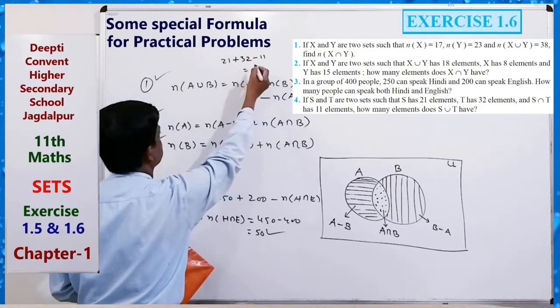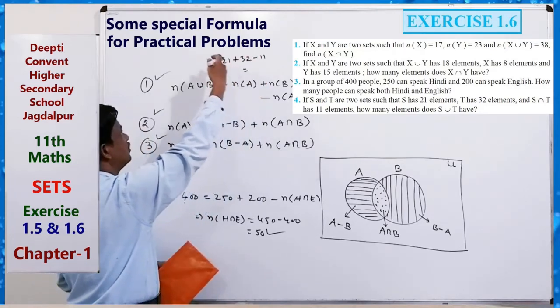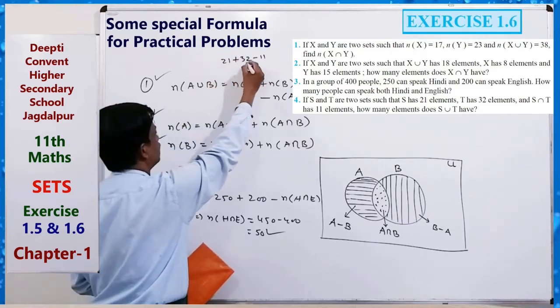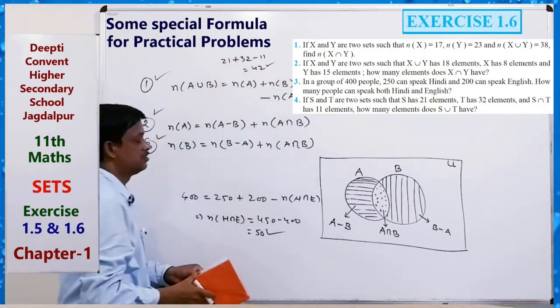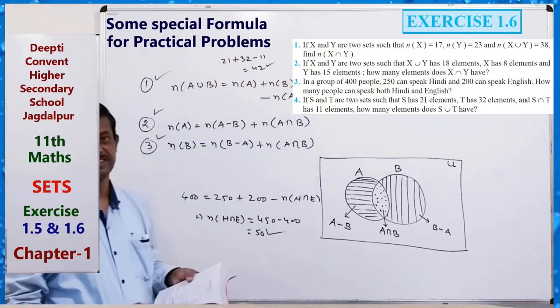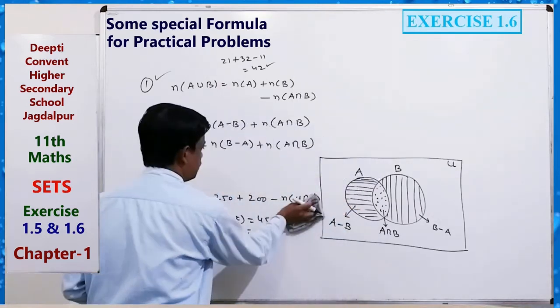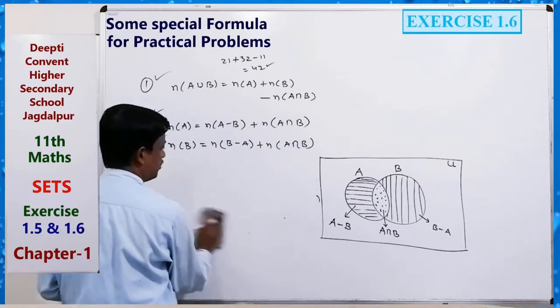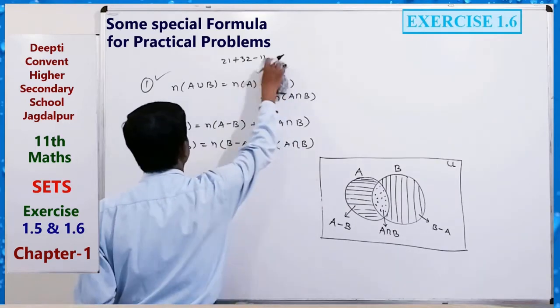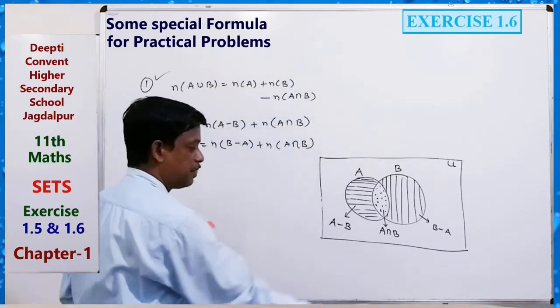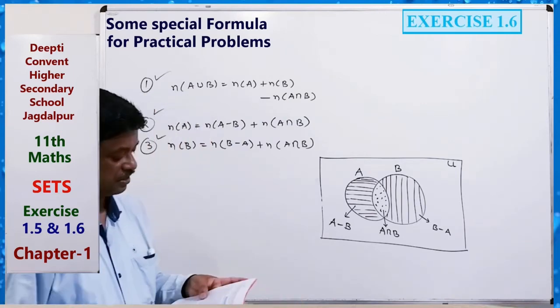That is 42. So the answer will be 42. Simple, using this formula. So all the questions up to 4 are solved by using the first formula. Clear?